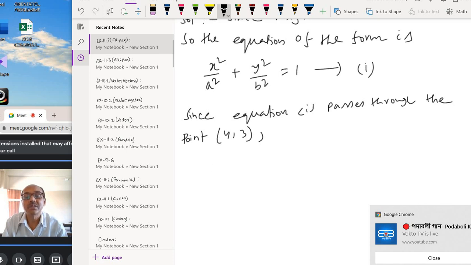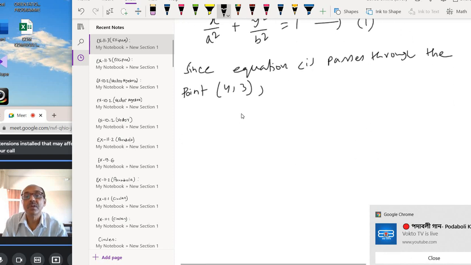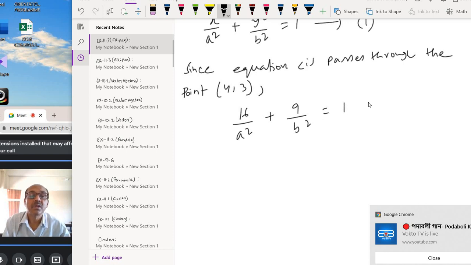So x equal to 4, that means 16 by a square plus y equal to 3, so y square 9, 9 by b square equal to 1. Equation number 2.